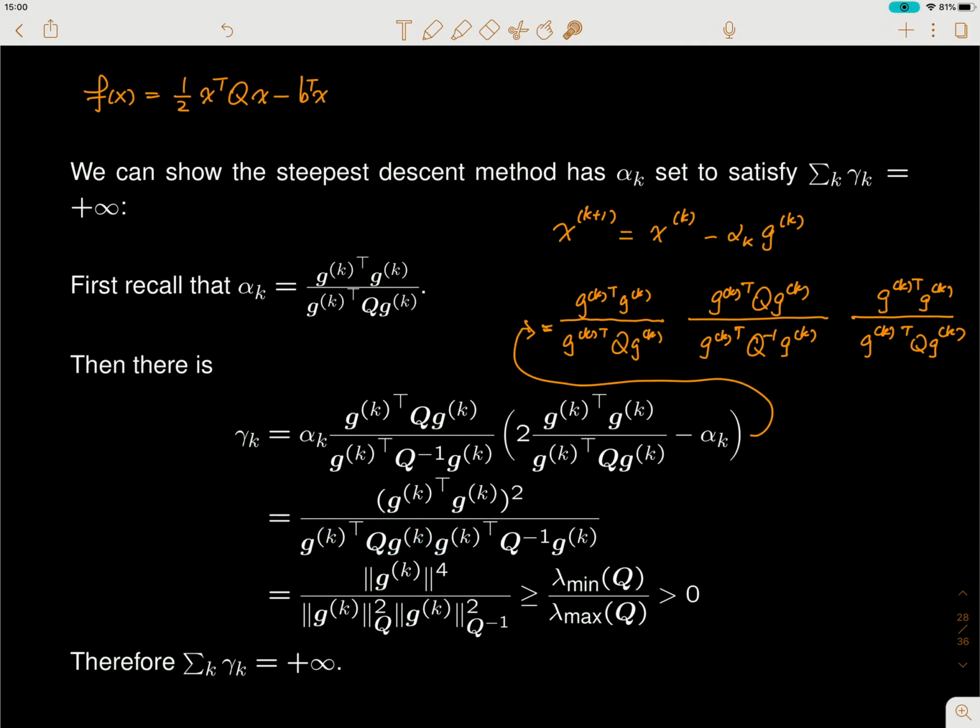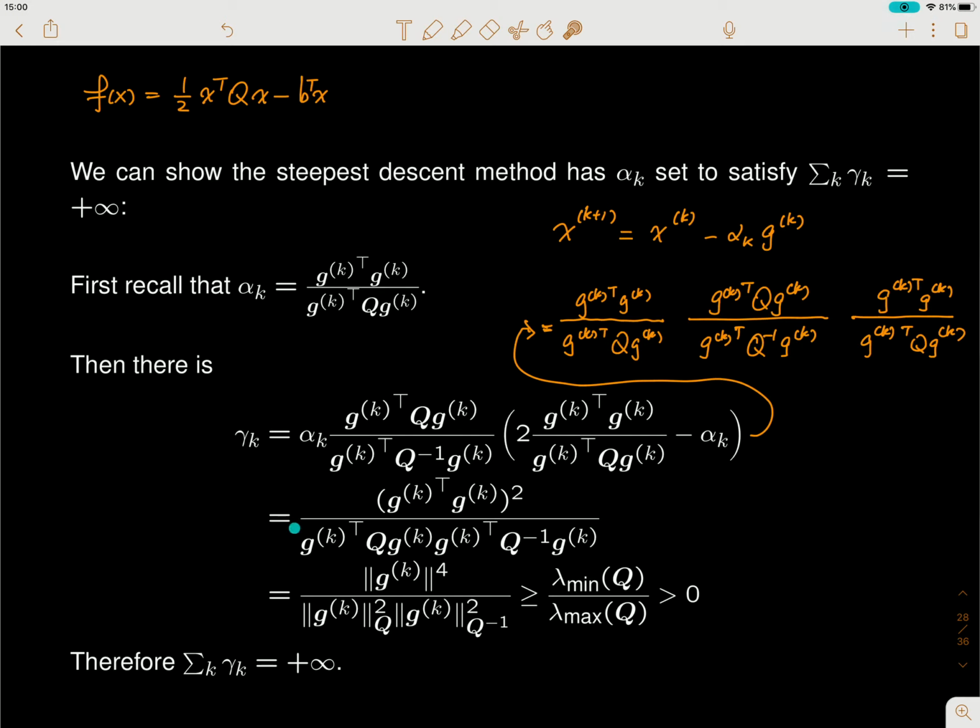Okay, so now we have reached this step. And remember that the numerator here is the square of the inner product of gk with itself. So within the square, this is just the squared norm of gk. And you have another square outside, so in total that will be just the fourth power of the norm of gk.